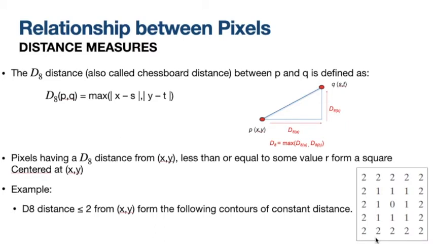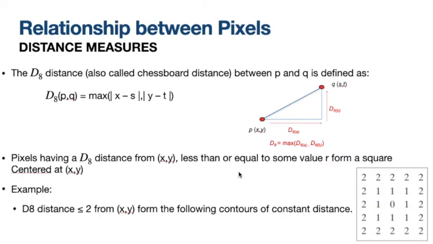Next is D8 distance. D8 distance is also called chessboard distance between two pixels p and q, and it is defined as D8(p, q), which is equal to the maximum of |x minus s| and |y minus t|. Again (x, y) are the coordinates of p and q has the coordinates (s, t). So you have to take the maximum of |x minus s| and |y minus t|.